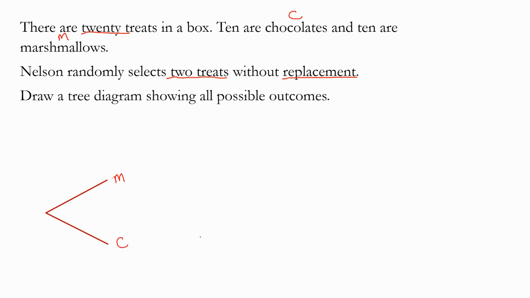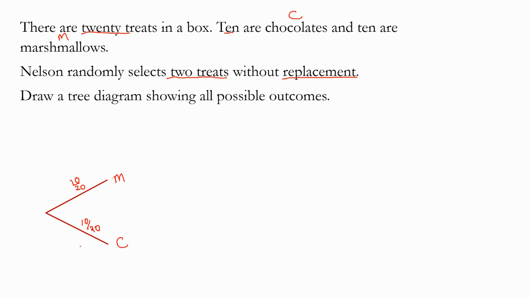What is the probability of picking a marshmallow here? There are 10 of them out of 20. So the probability is 10 out of 20. And then what's the probability of picking chocolate? There are 10 chocolates out of 20. Again, it's 10 out of 20.